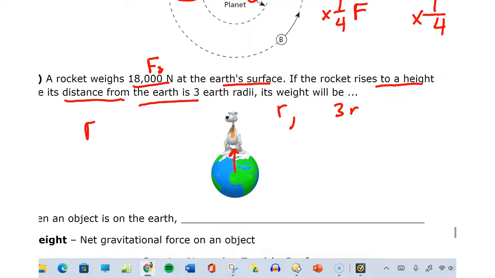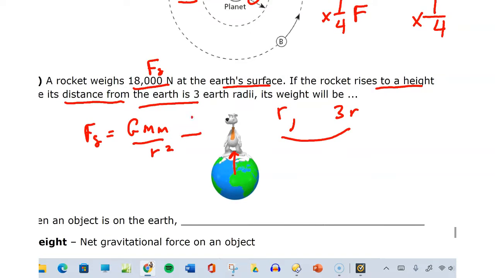Well, its weight is the force of gravity. Let's look at the equation again. So we're going from R to 3R. We're keeping the top the same, multiplying the bottom by 3. 3 squared is 9. So it's 1/9 on the right, 1/9 on the left.